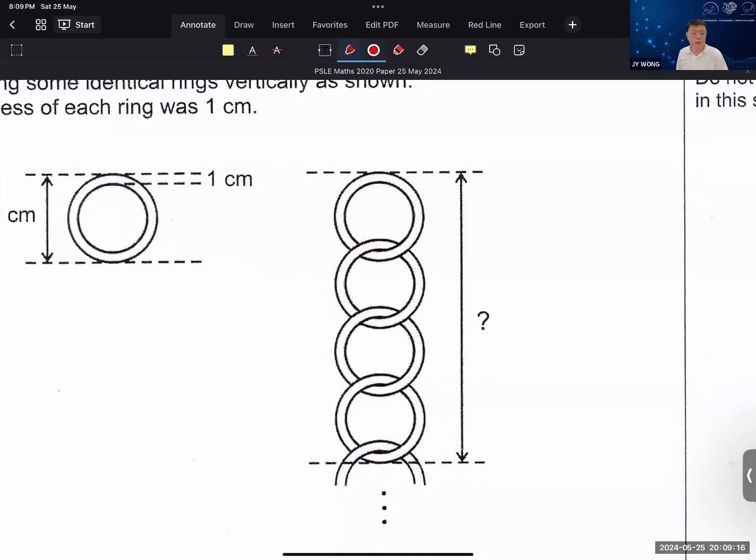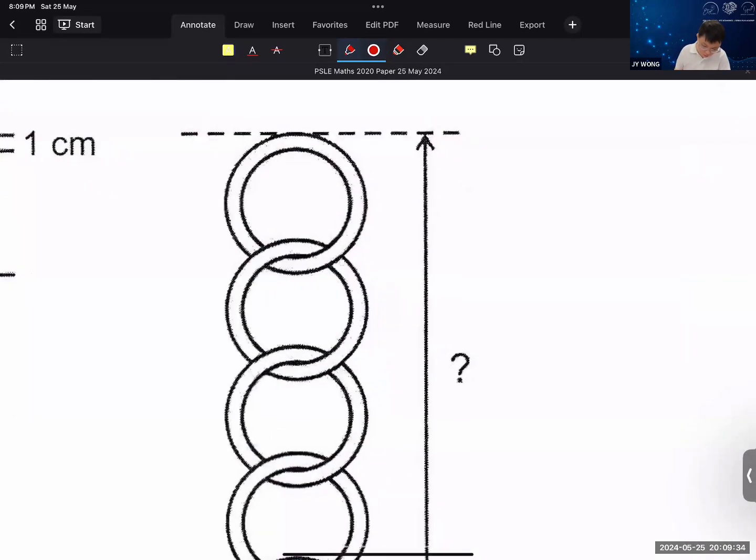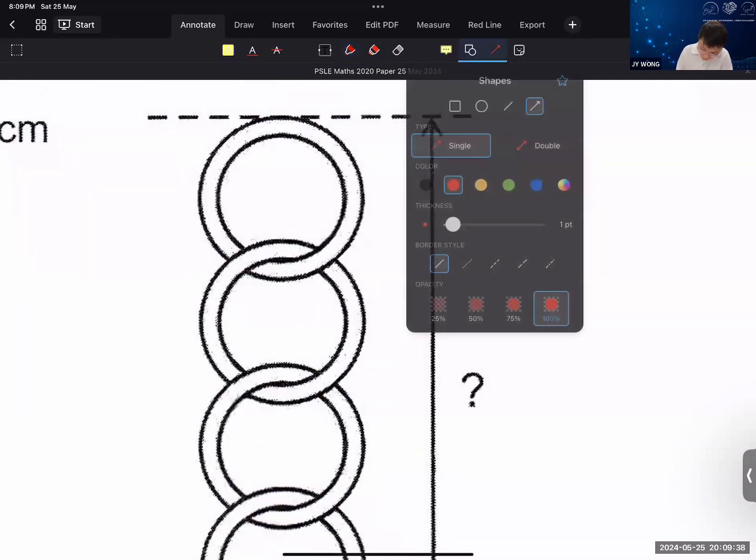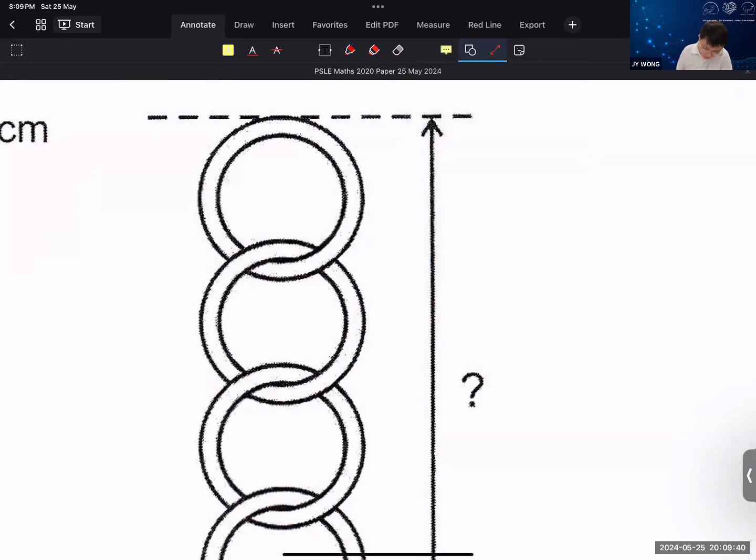In the first ring, you know that the length is 9. Very straightforward. But what about from the second ring onwards? There is actually a consistent pattern that you can see if you do something like this. Now, there are several different ways to draw the pattern.